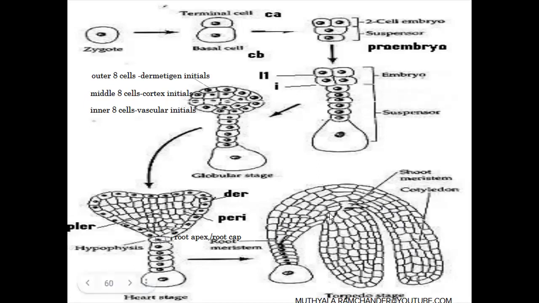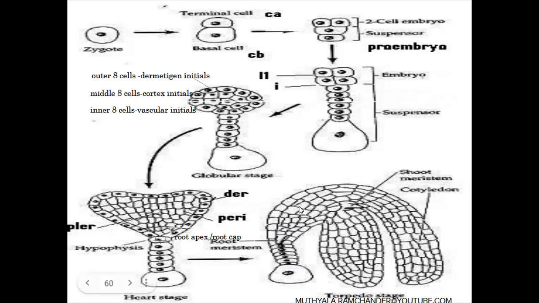It shows curved-like structures. The curved embryo contains only two major parts. One is the shoot meristem with the cotyledons, and the other is the root apex or root meristem. Two halves are present in the mature embryo. When the embryo is developed, it loses the suspensor, including the haustorium.